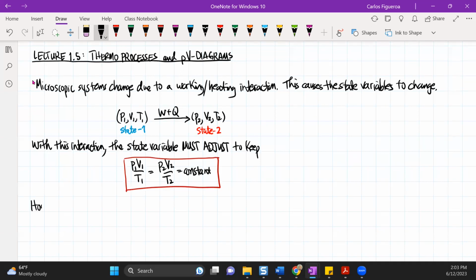How do thermal processes carry this out? And when I say thermal processes, that means we're talking about isobaric, isochoric, and finally isothermal.